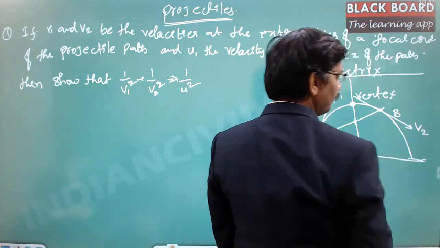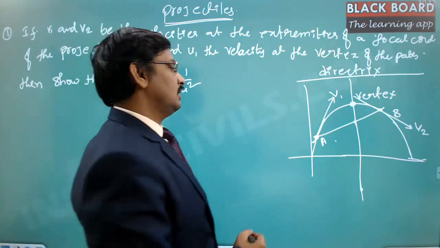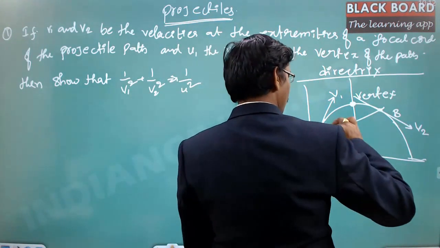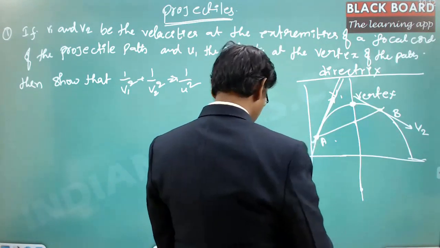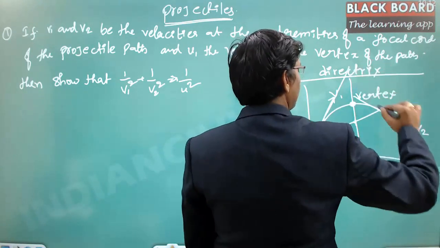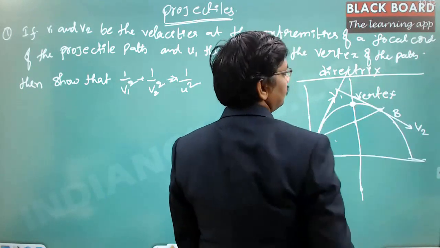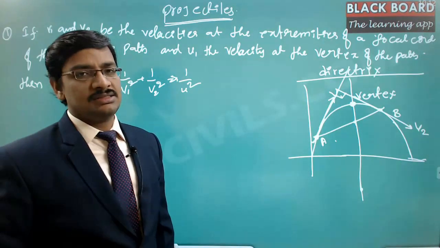this is the velocity direction V2. Now the characteristic of a focal chord is that tangents drawn at the extremities of the focal chord will always intersect at 90 degrees. So this is the tangent and this is the tangent, and the angle between them is 90 degrees. That is the characteristic of a focal chord.